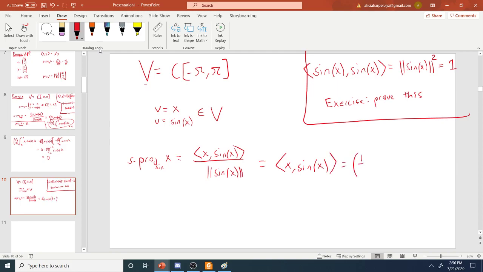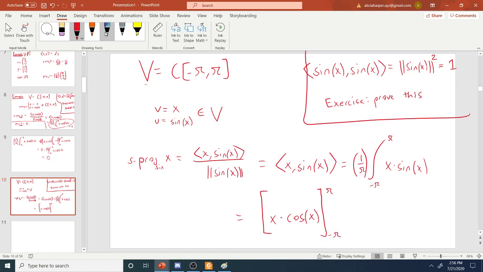which turns out to be 1 over pi times the integral from negative pi to pi of x times sine x, which is equal to the evaluation of x times cosine of x at pi and negative pi, and then minus 1 over pi times the integral from negative pi to pi of cosine of x dx.